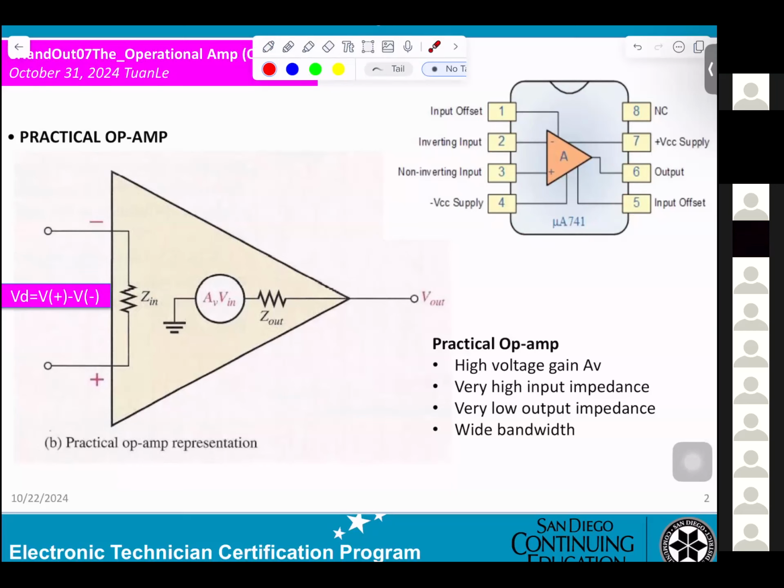Practical op amp: high voltage gain, very high input impedance, very low output impedance, wide bandwidth. That's the basic definition for the practical op amp, the one you're really working on.